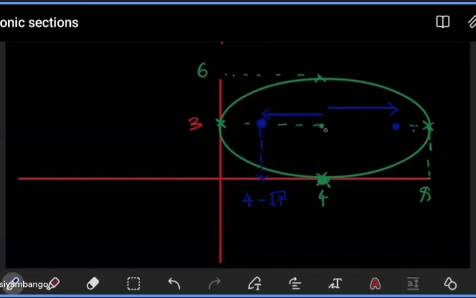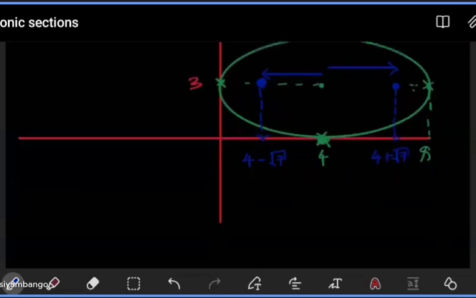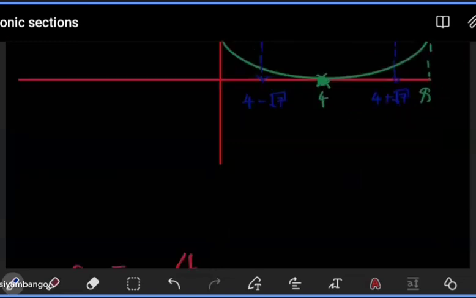And to 4, if you add root 7, it will tell you the x coordinate of this focus. So this is going to be 4 plus root 7. This is the only trick that you have to keep in mind when dealing with conic sections which are off the origin. Let's take these values now.